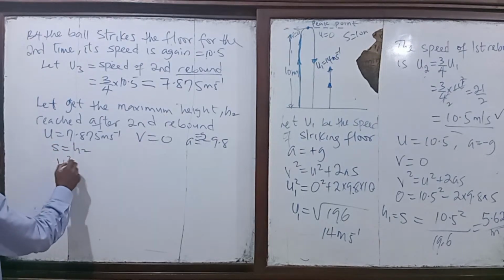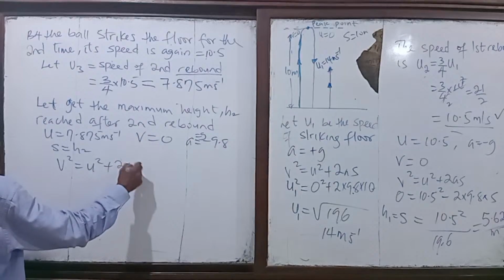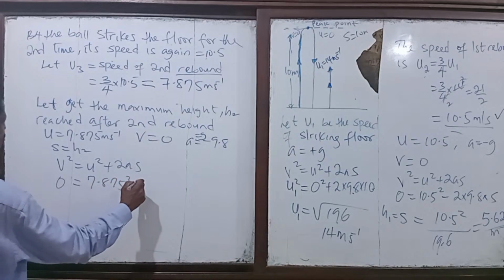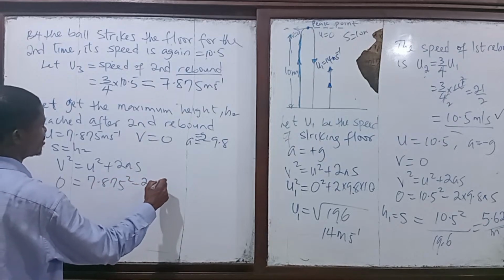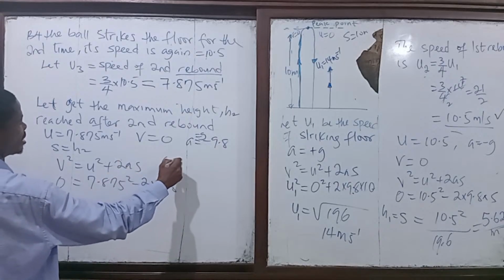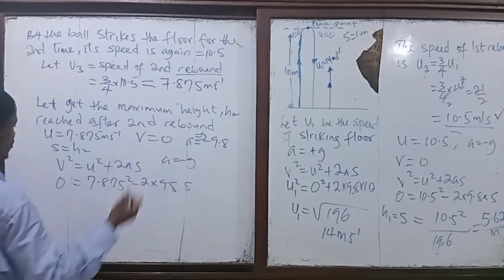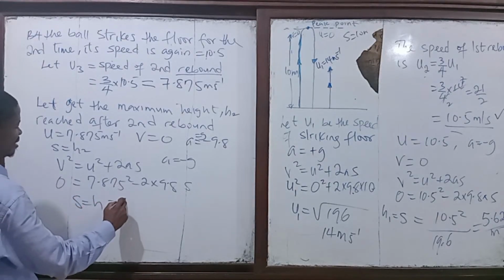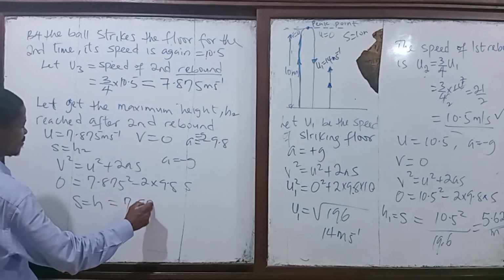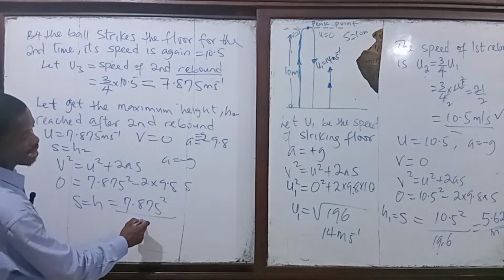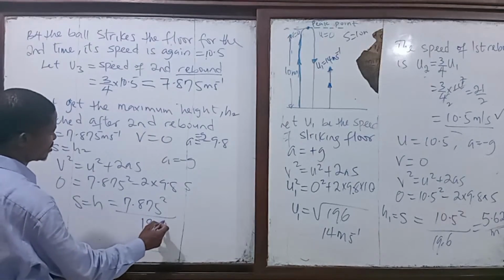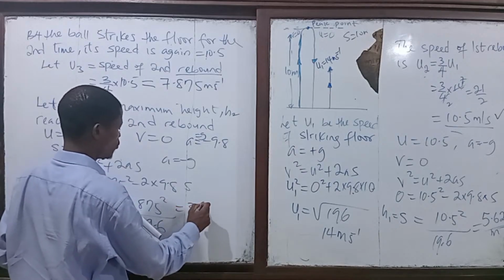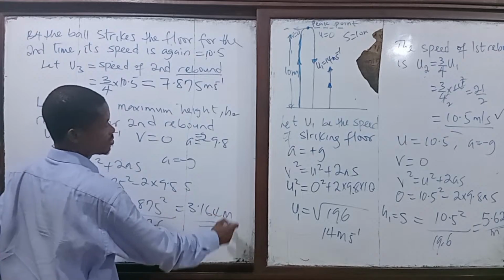Using the equation again, v squared equals u squared plus 2ax, my v is 0 and my u is 7.875, so 0 equals 7.875 squared minus 2 times 9.8 times x. So the maximum height for the second rebound is 7.875 squared over 19.6. If you do that, you are going to get 3.164 meters. Okay, take a short break.